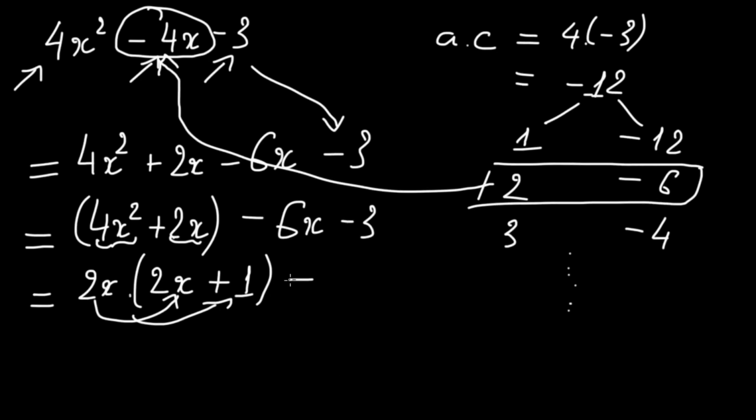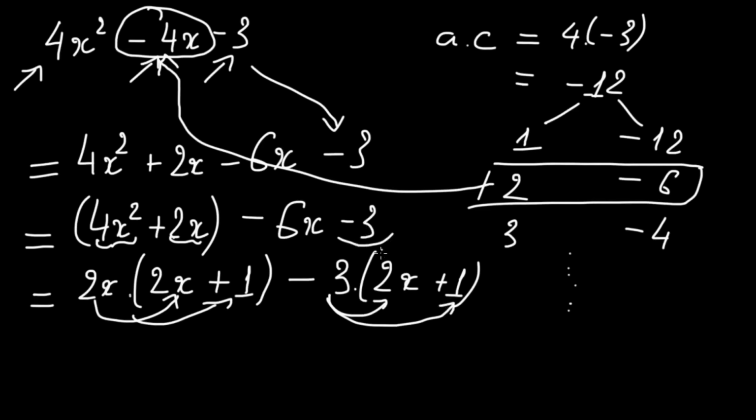We put the negative sign outside, right? And then we put 3 outside. So inside the parenthesis, we get 2x plus 1. Why? Because negative 3 times 2x, you get negative 6x right here. And then negative 3 times 1, you get negative 3 right here.